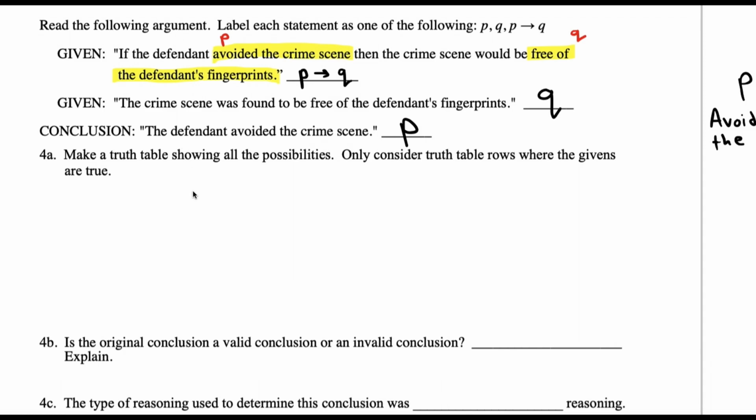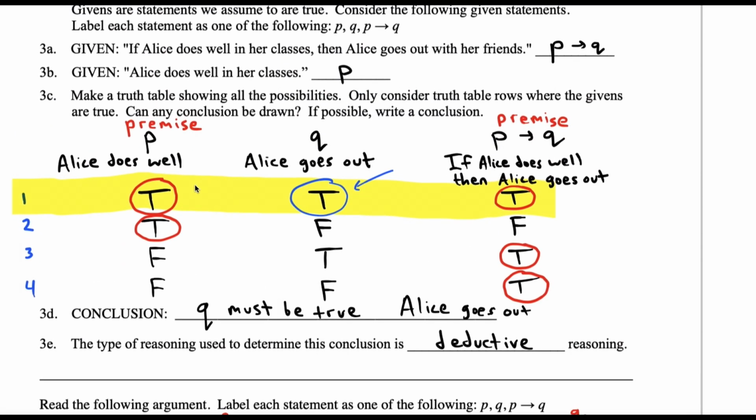Here's my example. If you draw a truth table like me, then write premise above the given columns and circle the truths in the premise columns, and then see if any conclusion can definitely be made here or not. I'll let you try it.